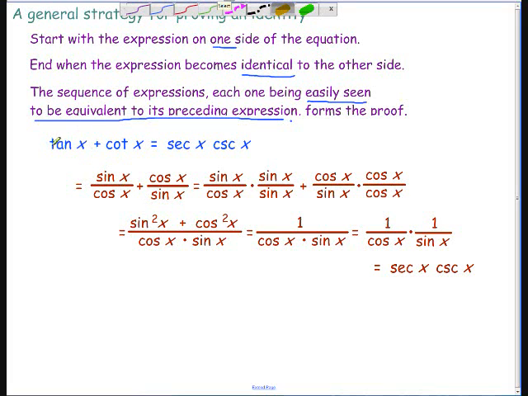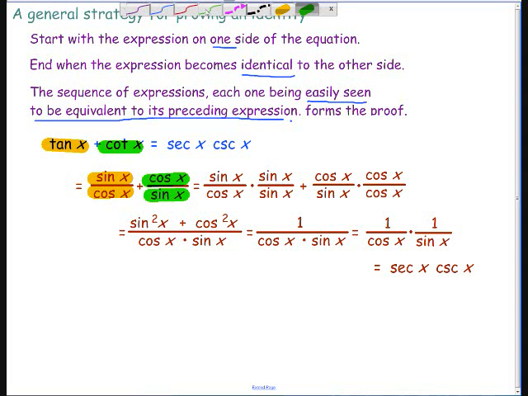We have tangent, which can be expressed as, what do we call that? The quotient identity. And then we have cotangent, and we have the quotient identity for that one. So what did we just do?